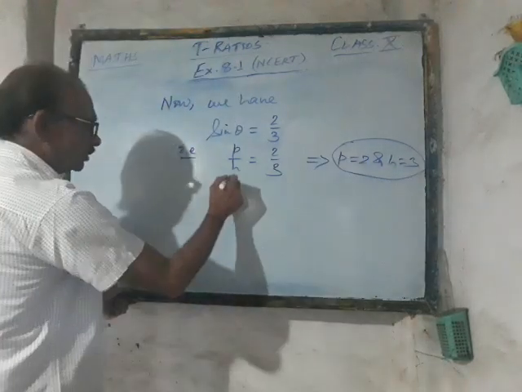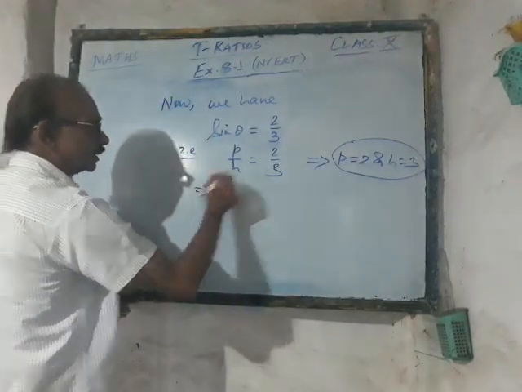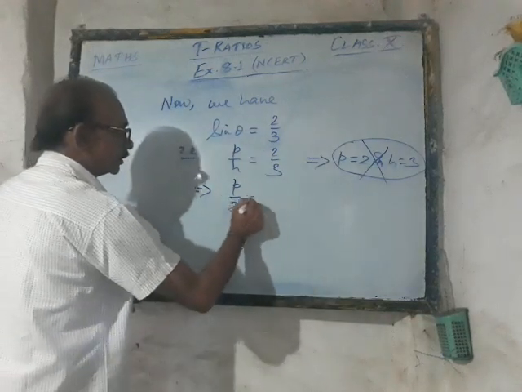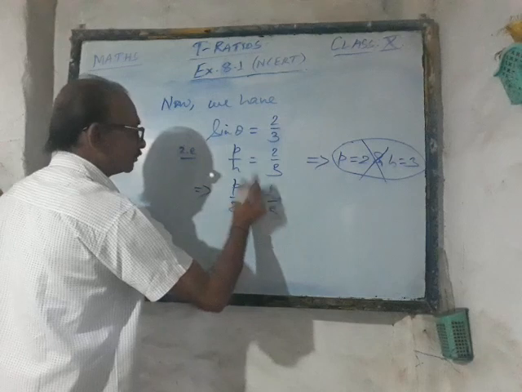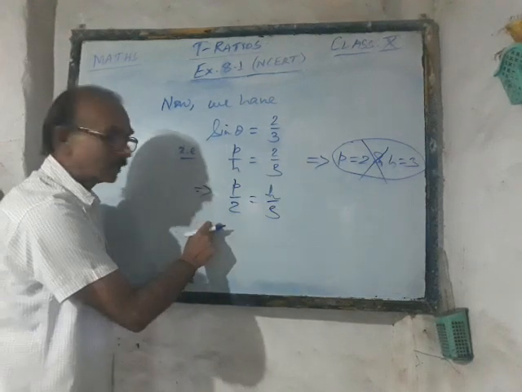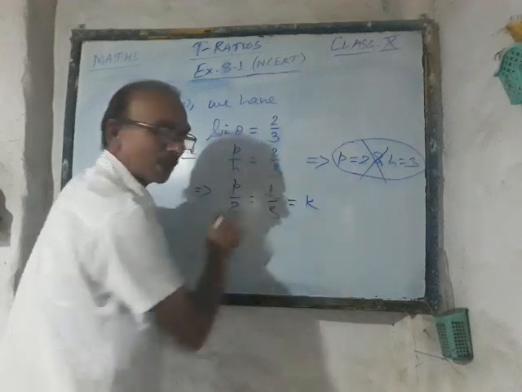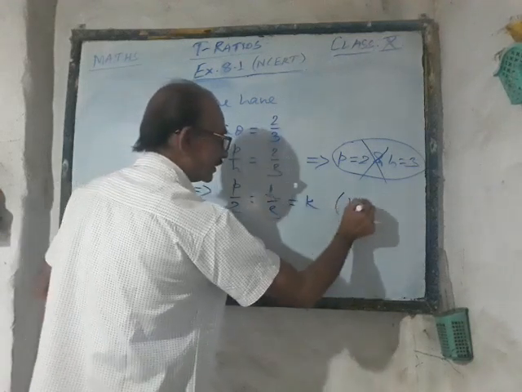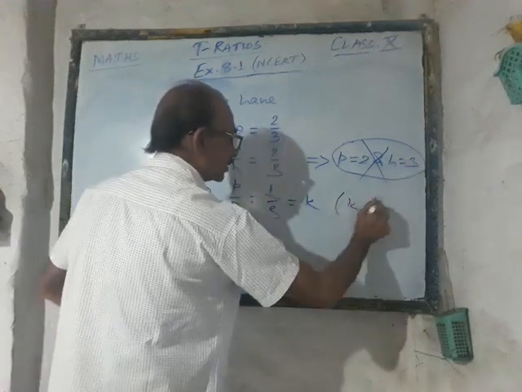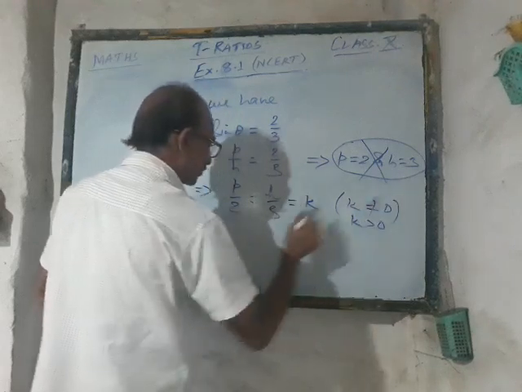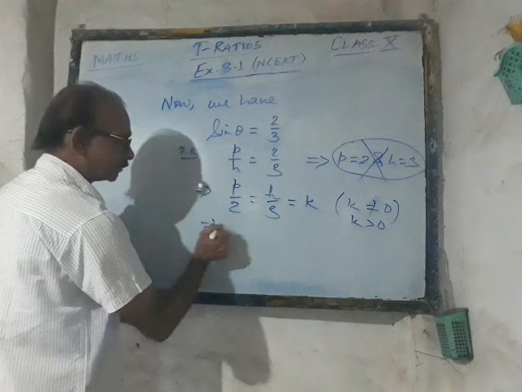You have to write P upon 2 is equal to H upon 3. By cross multiplication we have written this, P upon 2 is equal to H upon 3, and if it is equal to K, where K is a real number not equal to 0 and K greater than 0 suppose, then what is that? P is equal to what?